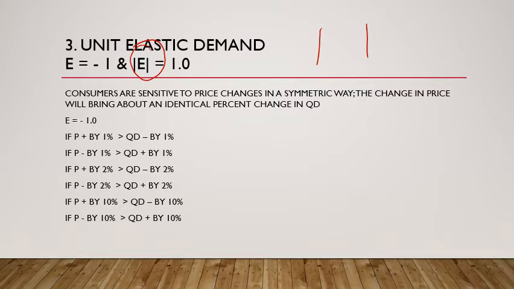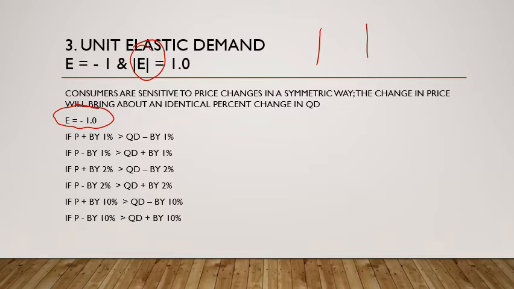Now, what's the significance of unit elastic demand? Well, one way to describe it is to say consumers are sensitive to price changes in a symmetric way. That is, the change in price will bring about an identical percent change in quantity demanded. All right, so what does that mean? It means the following.